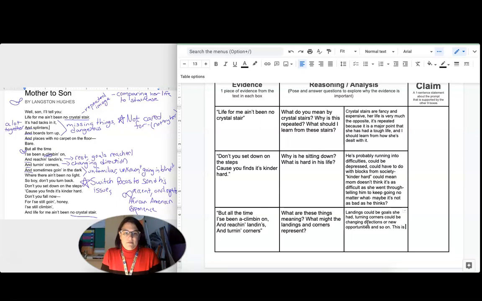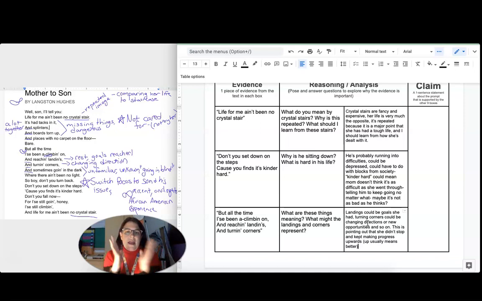This is pointing out that she didn't stop and kept making progress upwards, and up usually seems to mean better.